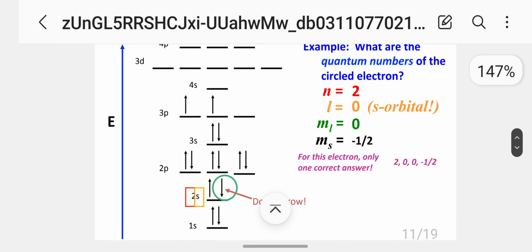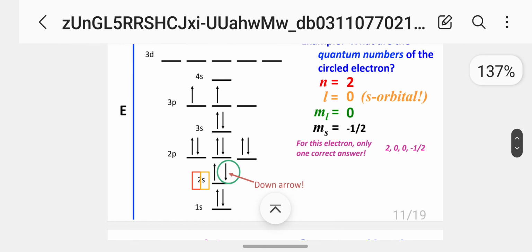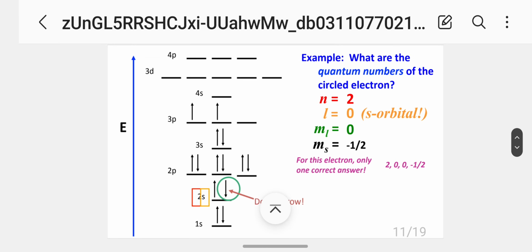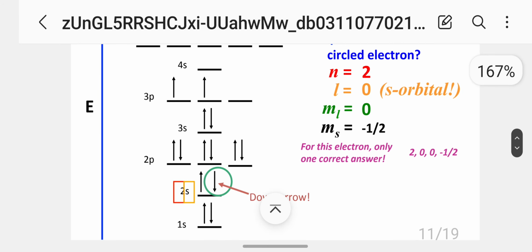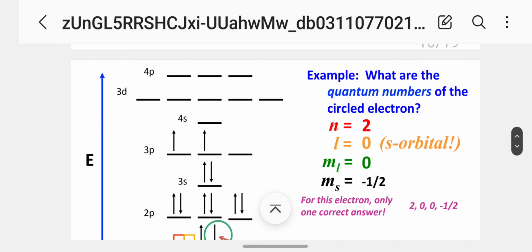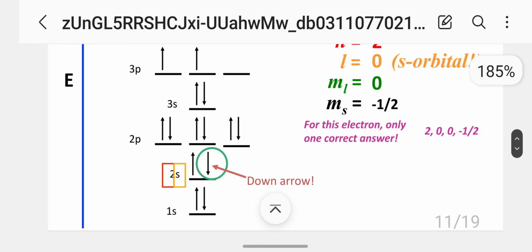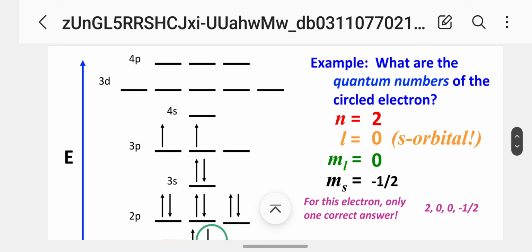First of all, they have drawn some different orbitals according to the proper arrangement of orbitals in an atom, and they have drawn an arrow which expresses the energy levels of each orbital, increasing from down to the upward direction. So they ask what will be the quantum numbers of the central electron in this energy level.